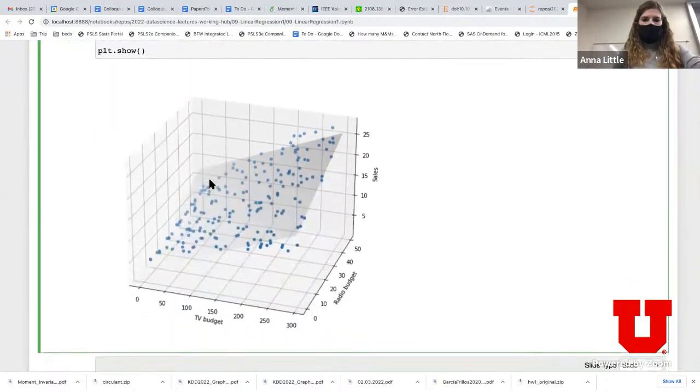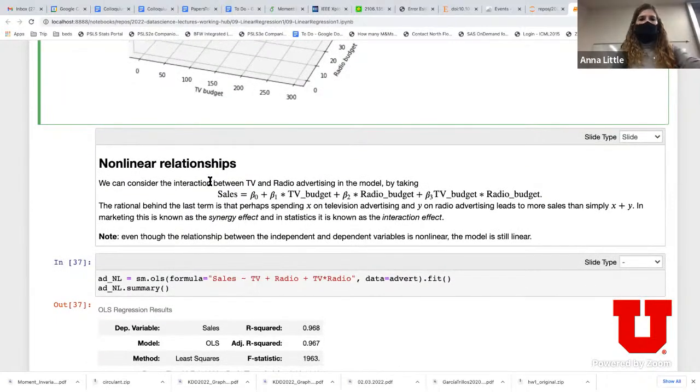Okay, so nonlinear relationships. Actually, maybe more appropriately we should call this section interactions. So let's say that we want to consider the possibility that somehow what we budget for TV and what we budget for radio, there may be some kind of interaction going on.